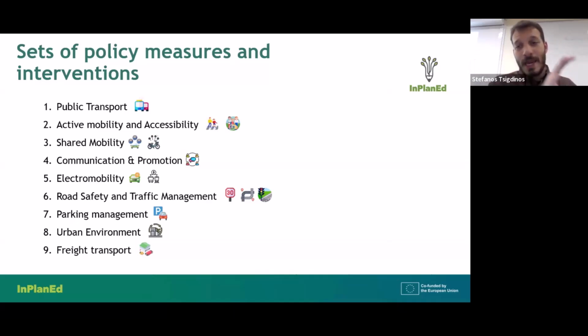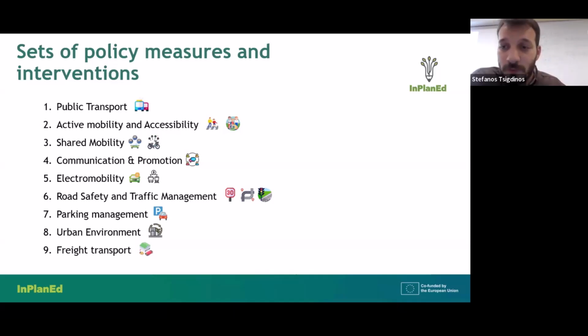First of all, we can propose many measures. But the point is that we do not have to confuse the decision makers. We have to be clear. When we make a SUMP, we have to divide and classify our measures.